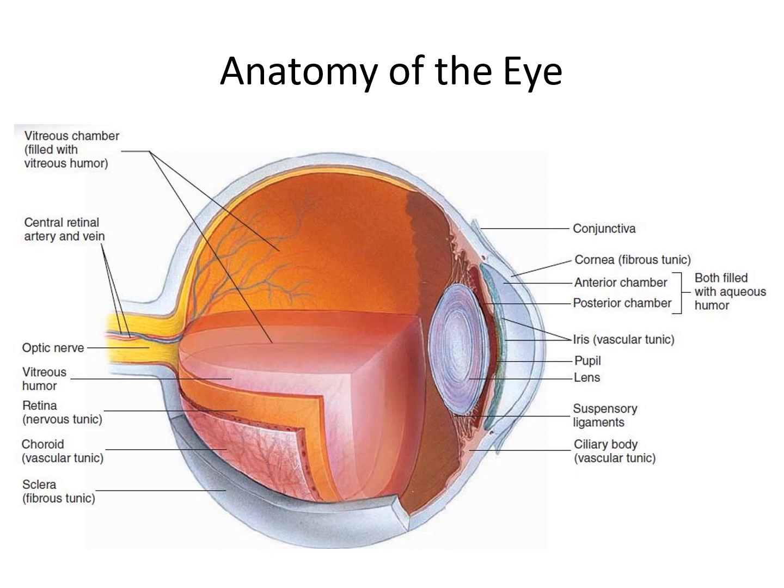This is what we're talking about: the fibrous layer, which is composed of the sclera, the white portion, and the cornea, the one covering the front or anterior portion of the eyes. The vascular layer makes up your choroid, ciliary body, and your iris.